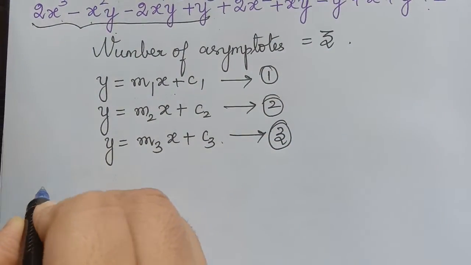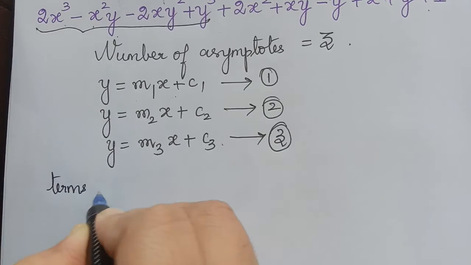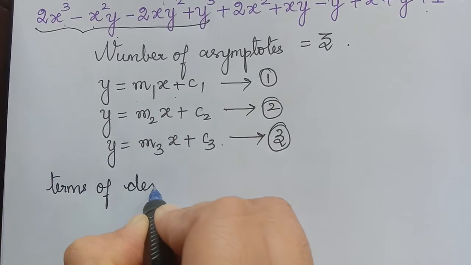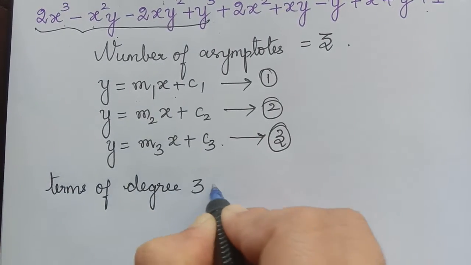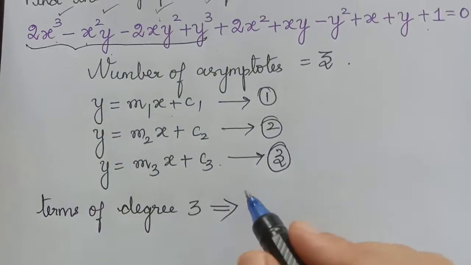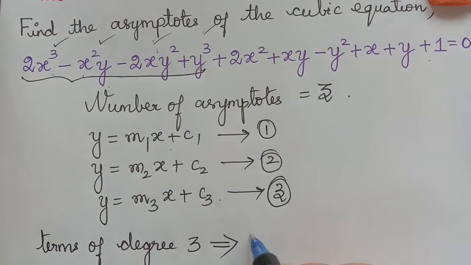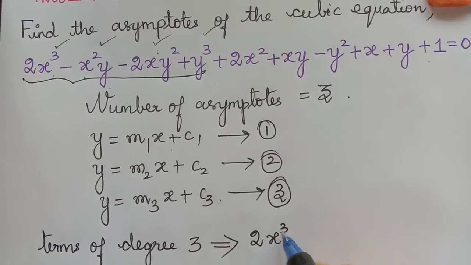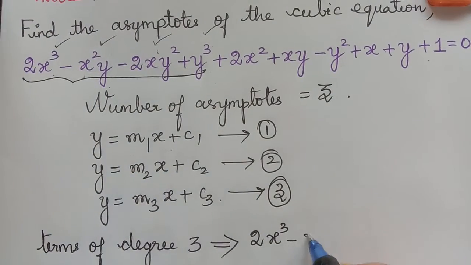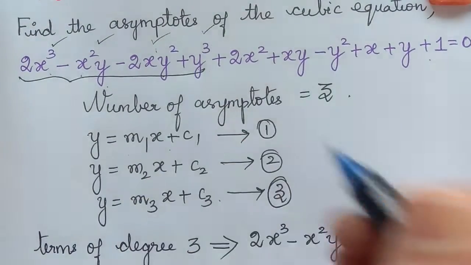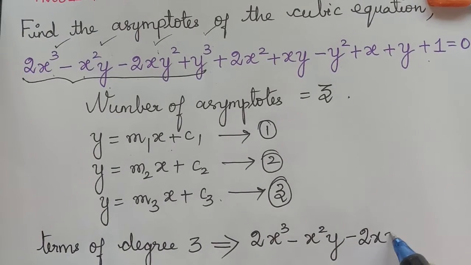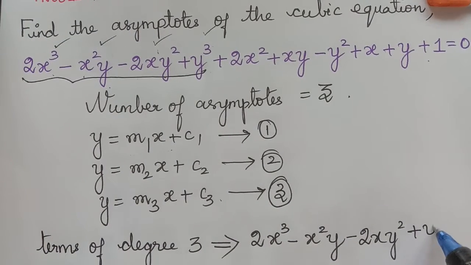Terms of degree 3, that is the highest degree. So what are the terms? We will write it as it is: 2x cube minus x squared y minus 2xy square plus y cube.